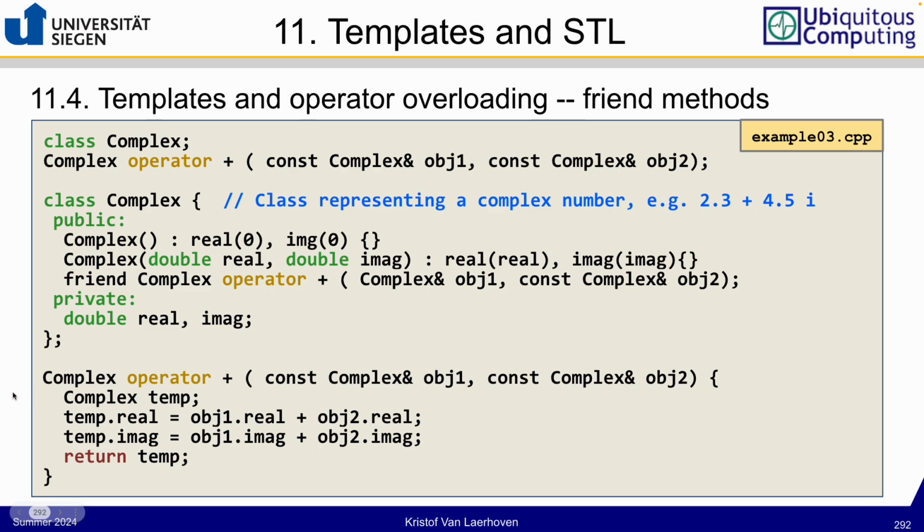But that's why friend methods are quite important, because this allows operators usually to access directly private data of classes for which they have to operate on. And this is, of course, one of the main usages of friend methods. And that's, I think, what I already hinted at when we had the friend keyword, and I hope this solidifies what we see today.